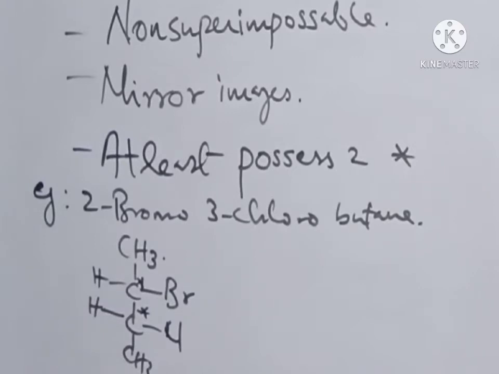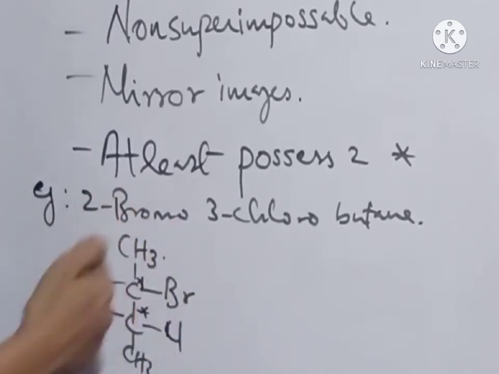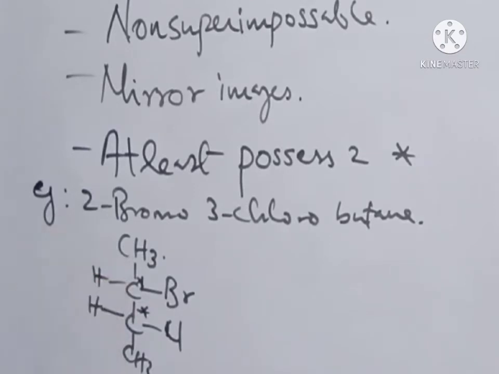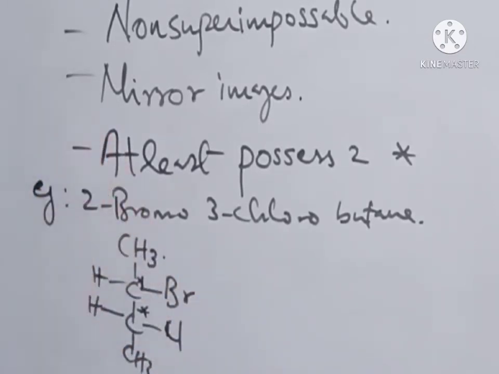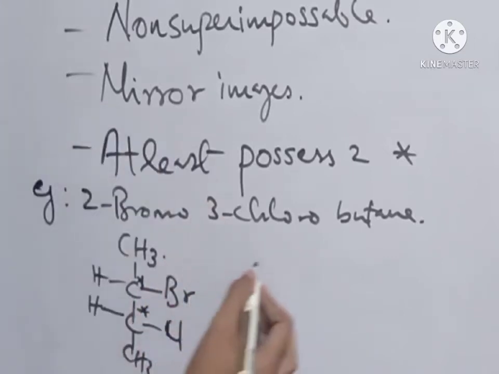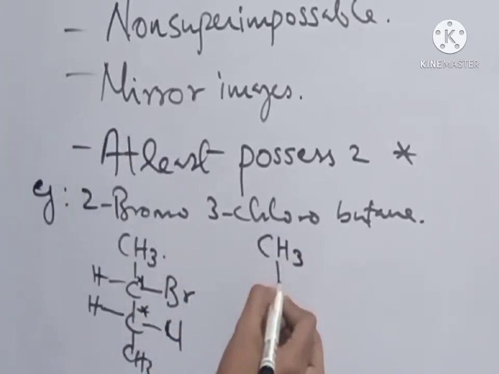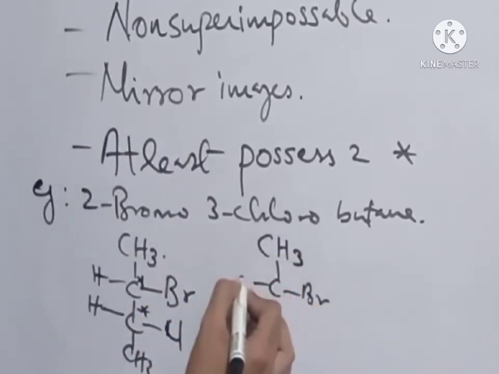So to draw the next diastereoisomer, I am going to fix these three groups here. That is, in the first stereogenic center, I am going to fix bromine on the right side, hydrogen on the left side, and the CH3 on the top, as in the initial projection structure. So to draw the second structure, these groups are fixed.